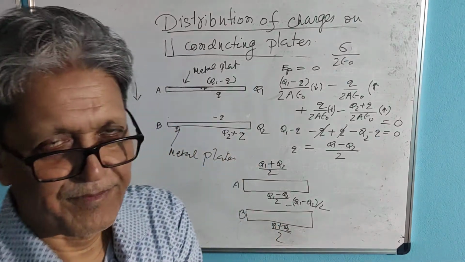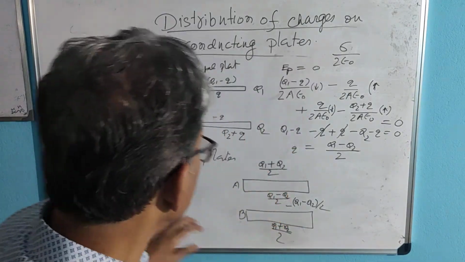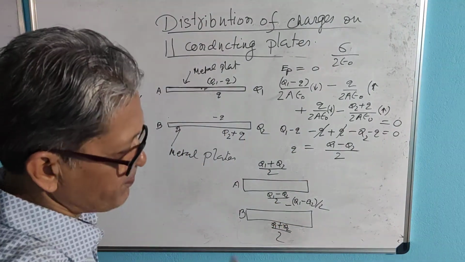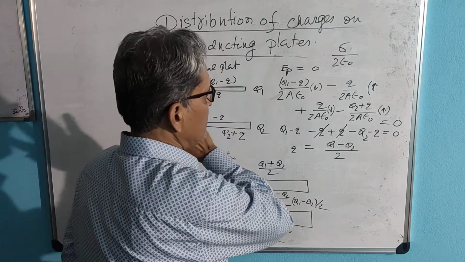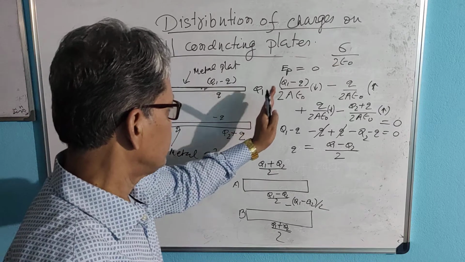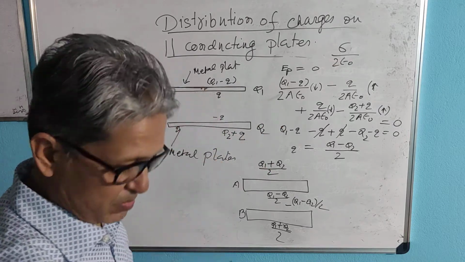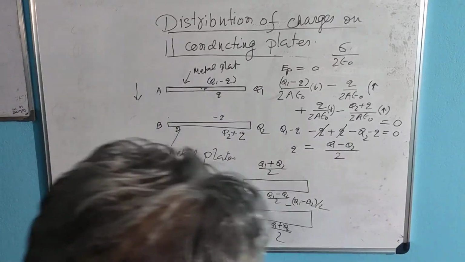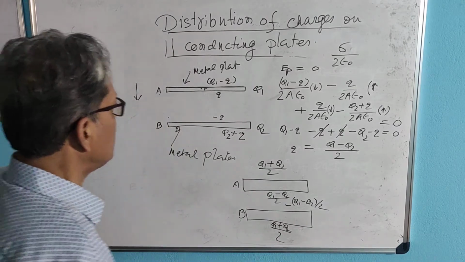That trick you have to remember, and you will solve this problem easily. I will not go into this elaboration. It is just for explaining the problem. Let us see, I shall apply the trick.